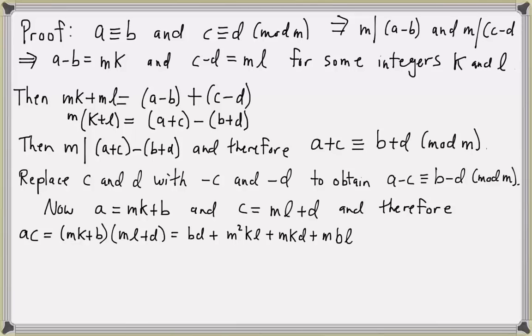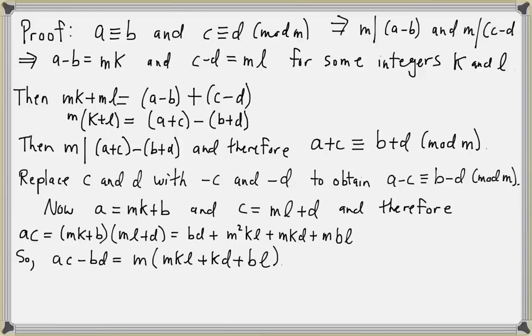So if I subtract BD from both sides of this expression, I see that AC minus BD can be written as M times the quantity MKL plus KD plus BL.